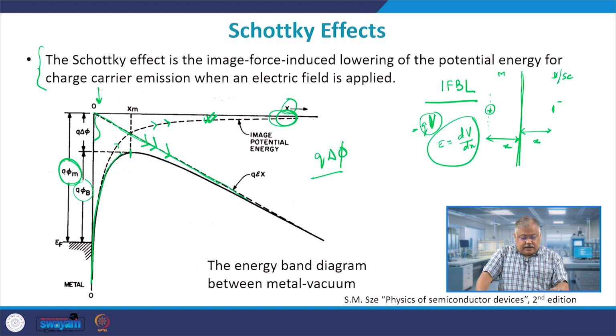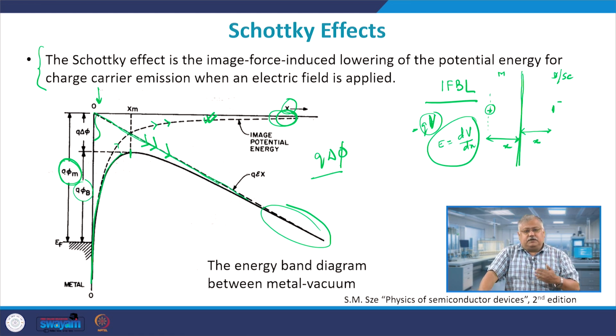So, as you can see, it first increases and then lowers down drastically and asymptotically with respect to qEx between the metal and the vacuum. The implication is that with such effects, you tend to reduce the dimension of the energy barrier, and a larger number of electrons or charge carriers are permitted from metal to semiconductor and vice versa.